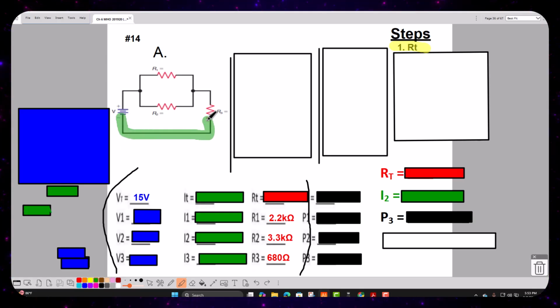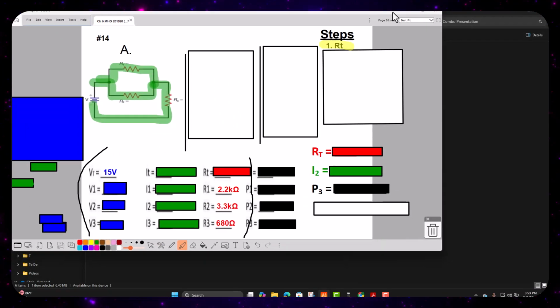So right here, there's only one pathway. That tells me R3 is series. The definition of a parallel circuit is there's more than one pathway. Well, for R1 and R2, there's more than one pathway. So that tells me R1 and R2 are parallel with each other.